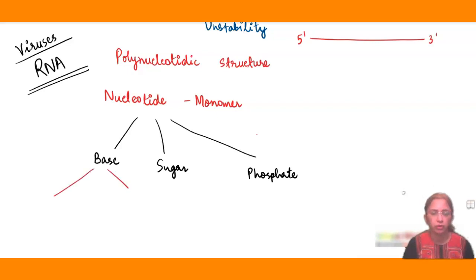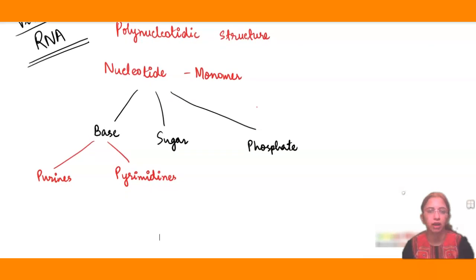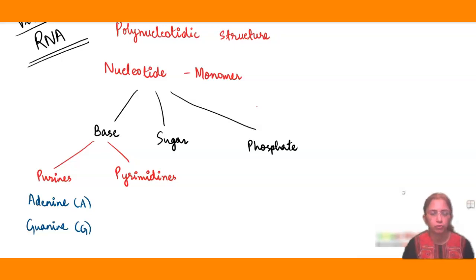Bases again will be of two types. They could either be purines or they could be pyrimidines. Here there is a difference in RNA: purines are same but pyrimidines are different. So adenine and guanine, they both will serve as the bases, whereas if you talk about pyrimidines, it is cytosine and uracil.